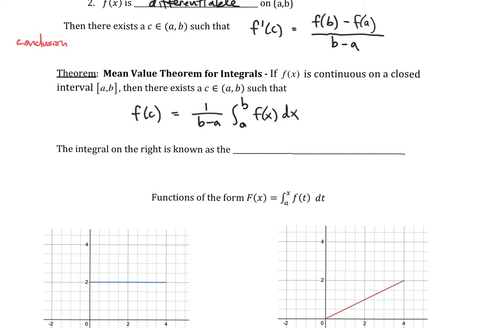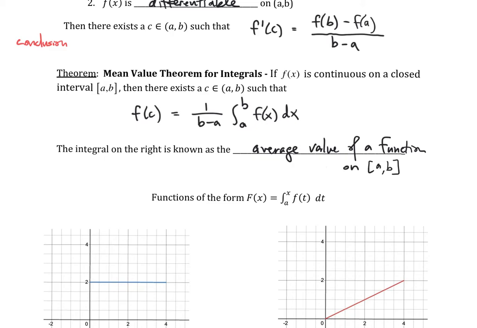Okay, now this expression on the right-hand side is known as the average value of a function on a to b.